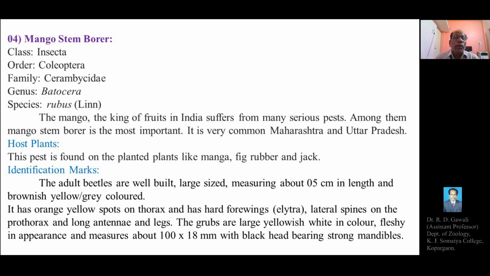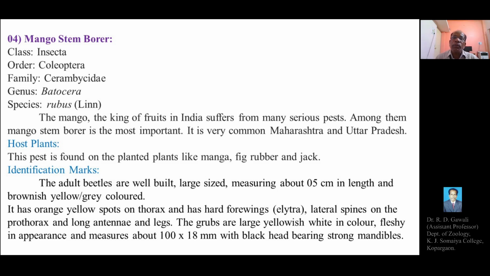We know the mango, the king of the fruits in India, suffers from the attack of many serious pests. Among them, the mango stem borer is the most important. So among the various pests of the mango crop or mango plant, the mango stem borer is most important.